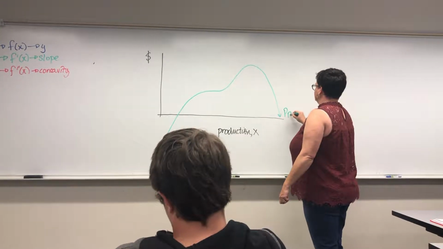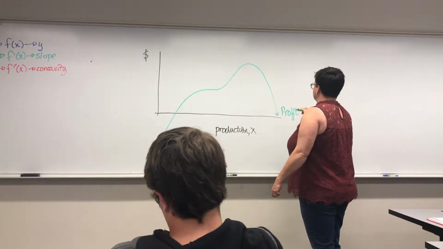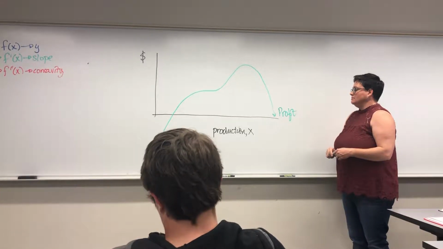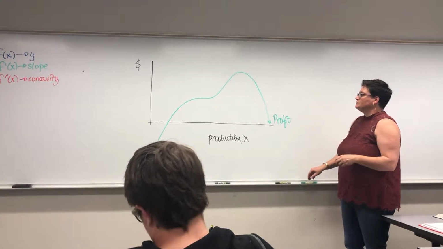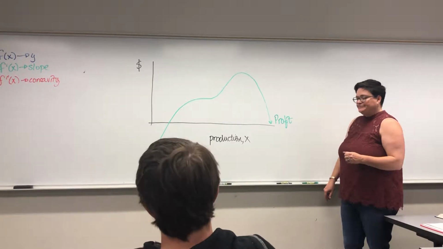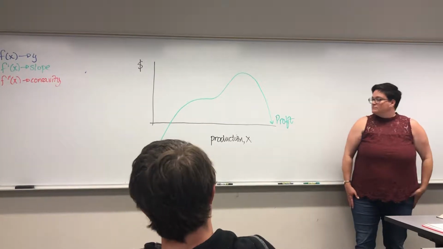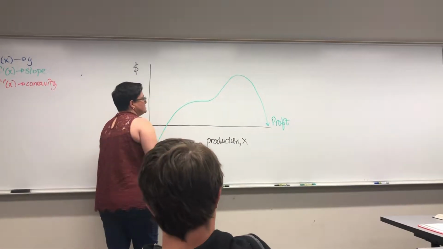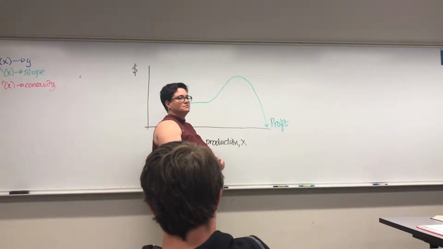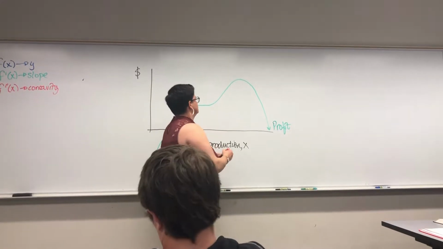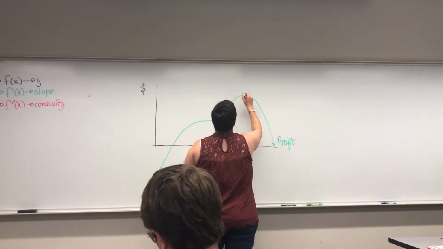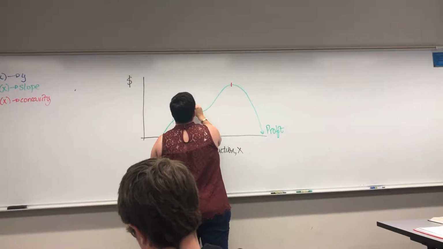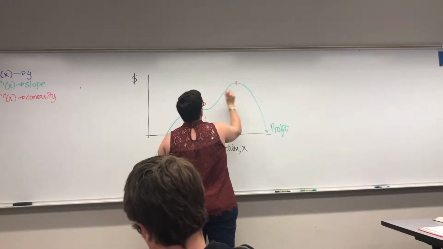Profit. Where's max profit? On the top? What's special about that spot? Slope is 0. There's another point where the slope is 0. So f prime equals 0.